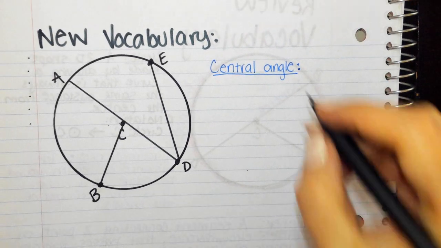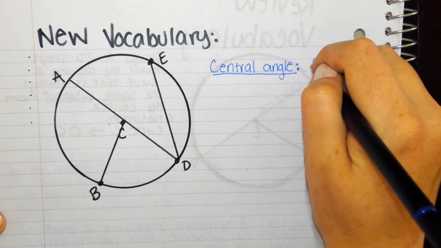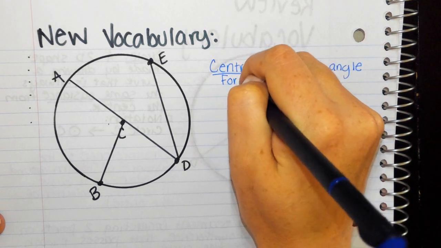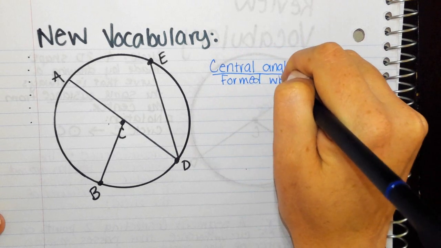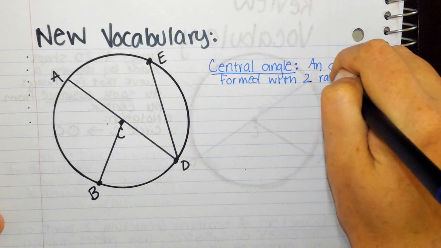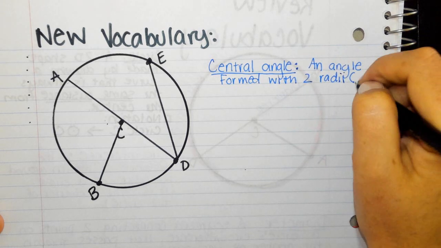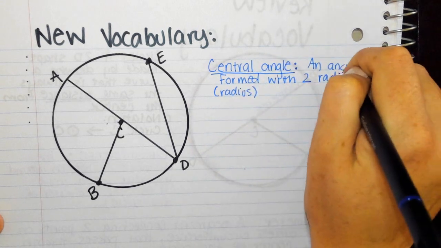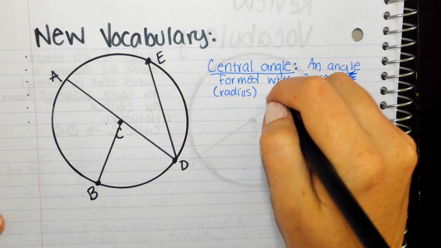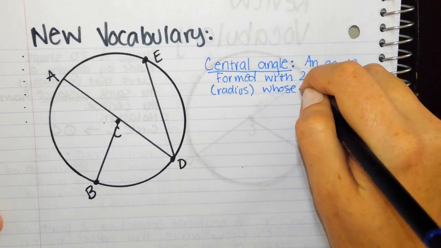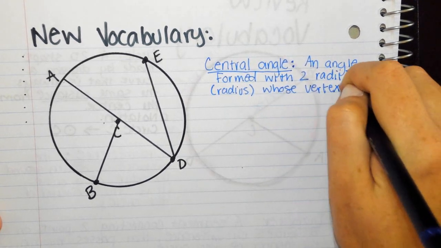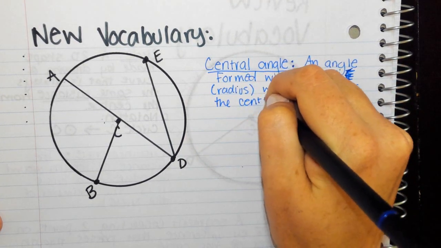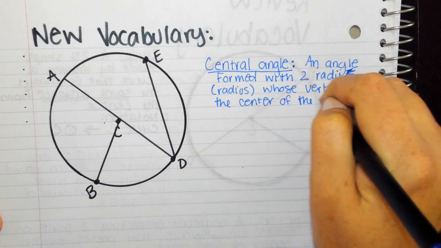All right, so what a central angle is, this is an angle formed with two radii, which is just the plural for radius, whose vertex is the center of the circle.